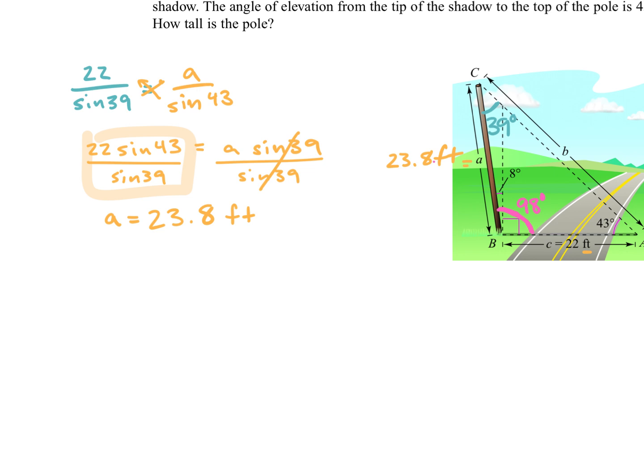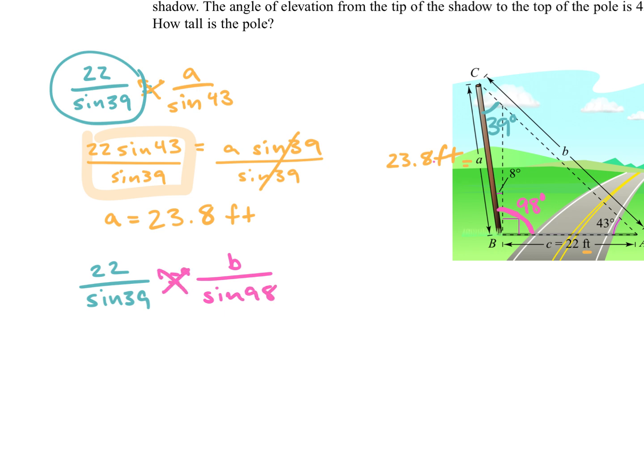I'm going to start with the proportion that I had from the beginning. So 22 over sine of 39 is equal to B over sine of 98. We're going to cross multiply. So 22 times sine of 98 is equal to B times sine of 39. Divide both sides by sine of 39.